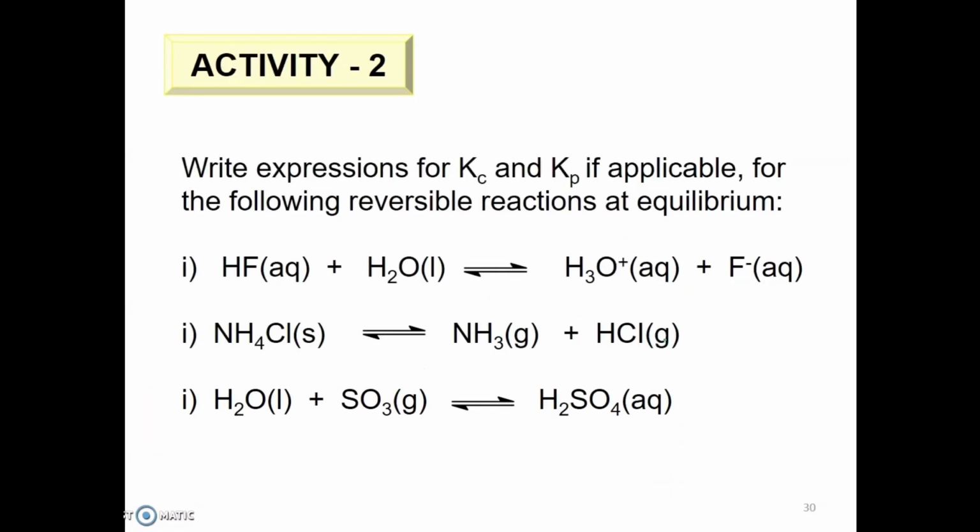So let's try this activity together. Activity 2. Write the expression for Kc and Kp, if applicable, for the following reversible reactions at equilibrium. The concentration and the partial pressure of each species are the values of the species at equilibrium.